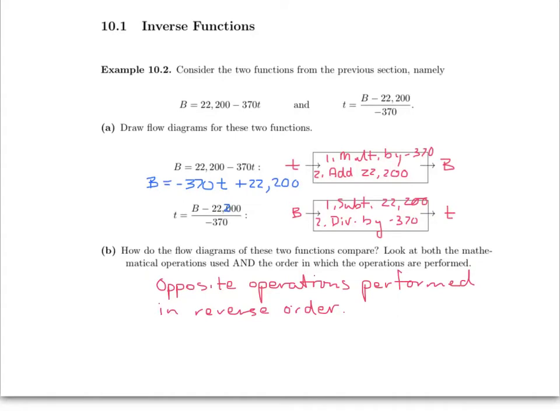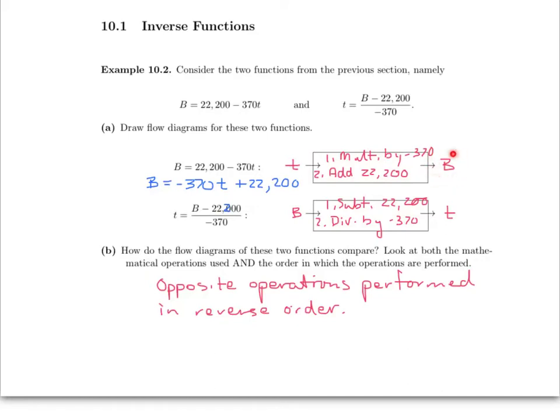This should make some sense. If you think about starting from t, imagine you had a particular time and you wanted to calculate the balance. The first thing you do is multiply by negative 370, add 22,200, and you get your balance. Now suppose you wanted to work backward through this to arrive at the time again.